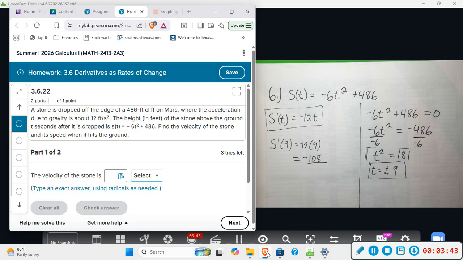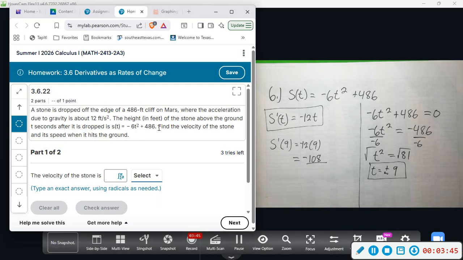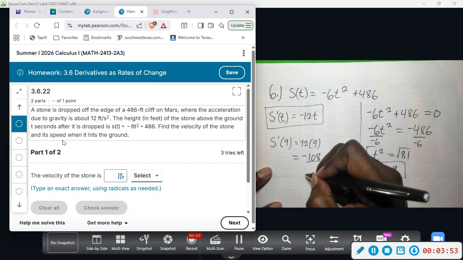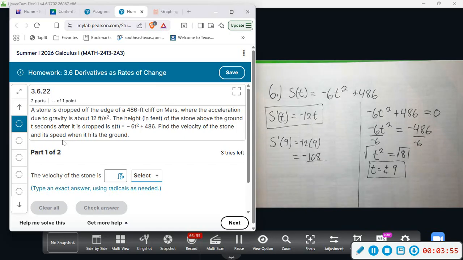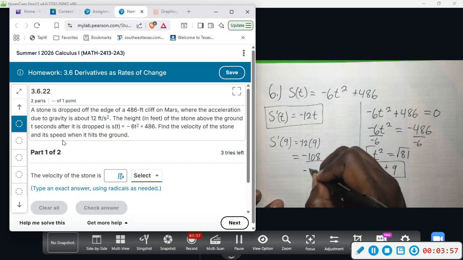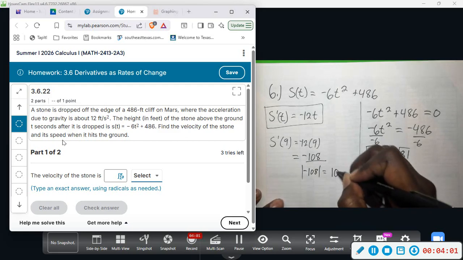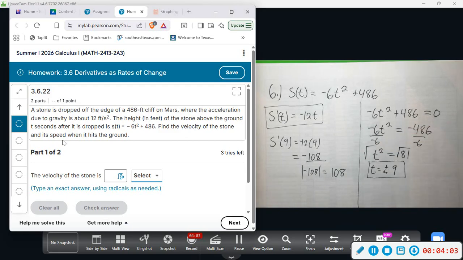It also asks for the speed. Speed, as we talked about, is just the absolute value of velocity, ignoring the direction. So when I take the absolute value of negative 108, that gives me a positive 108. So this stone is going to hit the ground at 108 feet per second.